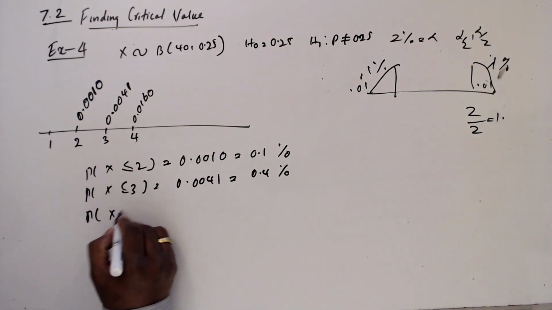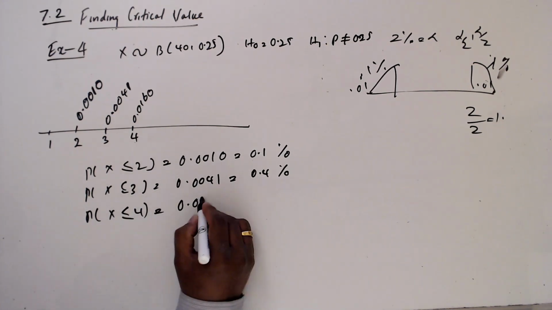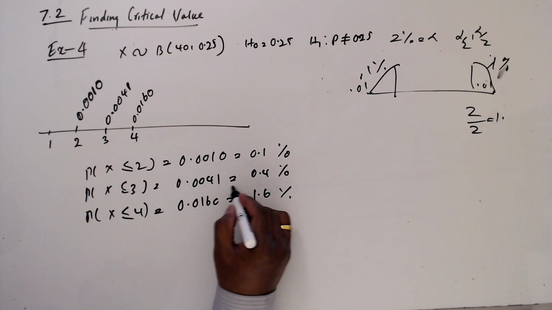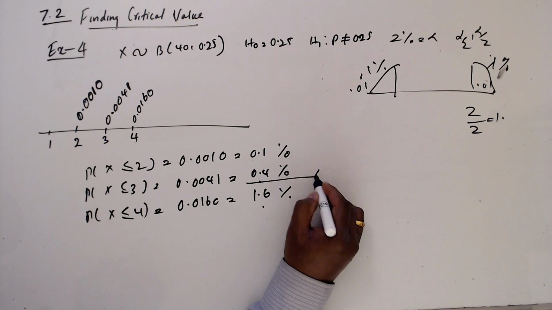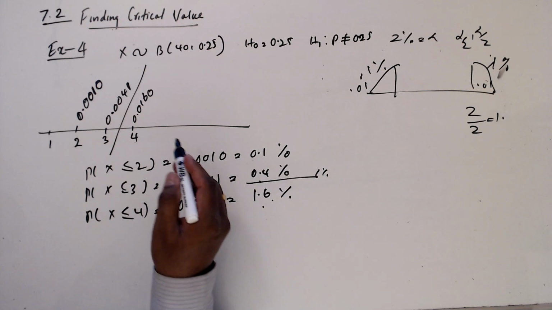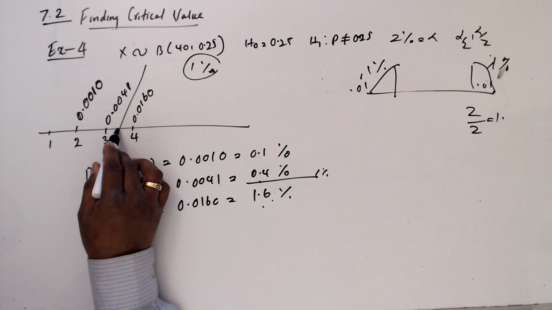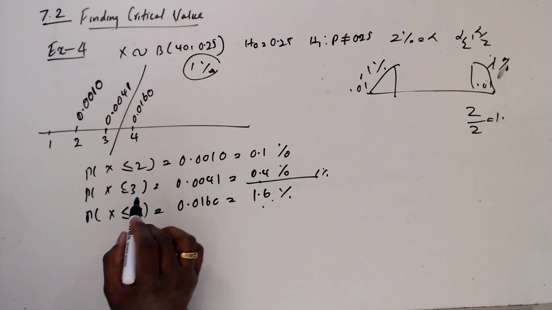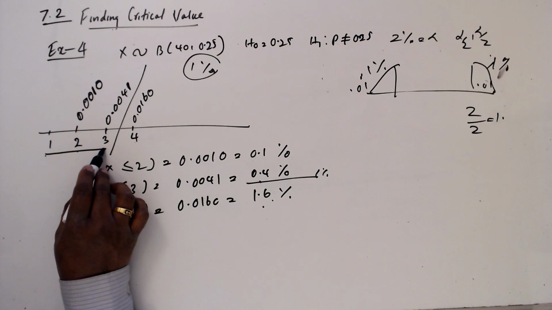And probability of x less than or equal to 4 is 0.0160. This is 1.6%. So this is less than 1%, and this is more than 1%. So we can't get 1% exactly. In that situation, we will go for the lower one. So the critical region is x equal to 1, 2, 3.